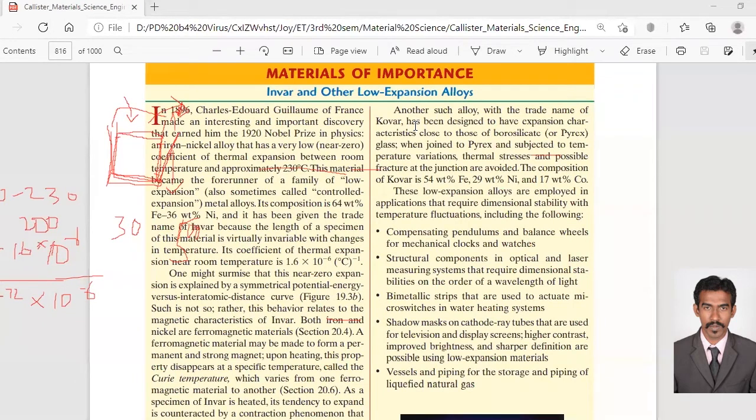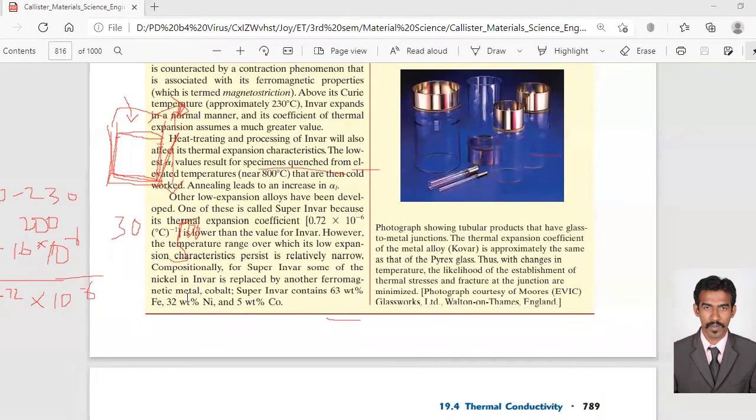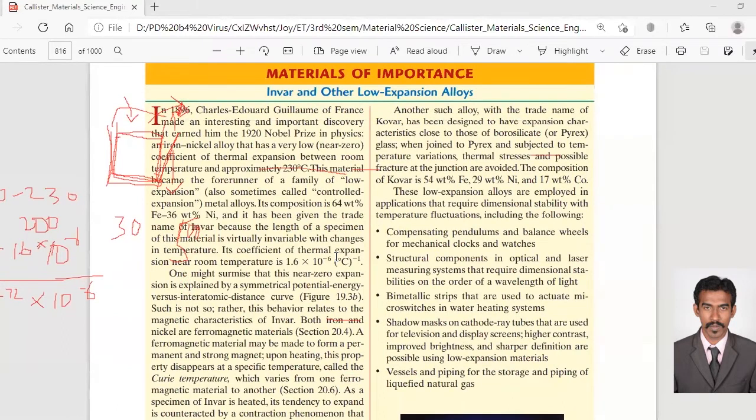So this is another alloy: 54 Fe, 29 nickel and 17 cobalt. Here, 63 Fe, 32 nickel and 5 Co. So the materials are the same, but the composition is different.